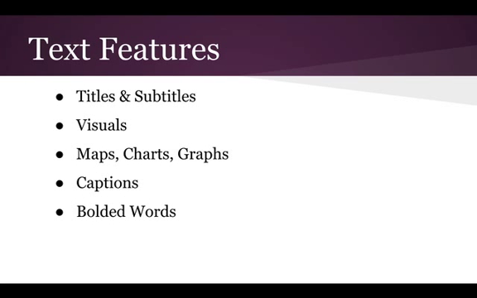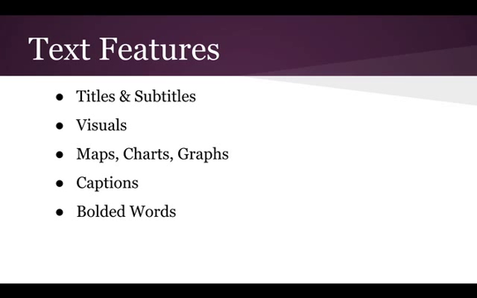The second part is text features. You have to help your reader learn, and part of that is doing things outside of the text to help them learn, to bring their attention to important information. One way you can do that is to categorize your information into paragraphs or subsections, using titles and subtitles to clue your reader into what each section or category is about.